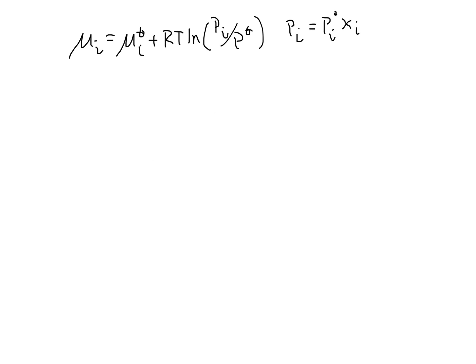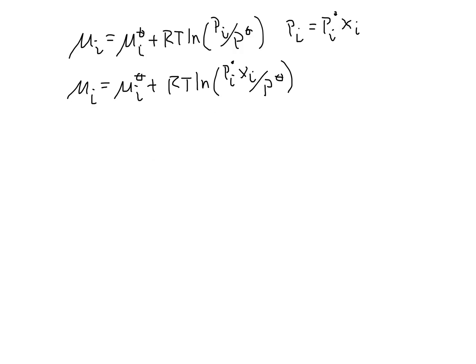Making that substitution, we can write that the chemical potential of a component in a liquid-liquid mixture is equal to the chemical potential of that substance at 1 bar pressure plus RT, natural log, of the pressure above the pure substance times the mole fraction in the liquid phase divided by 1 bar pressure.